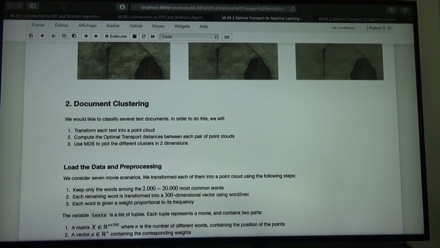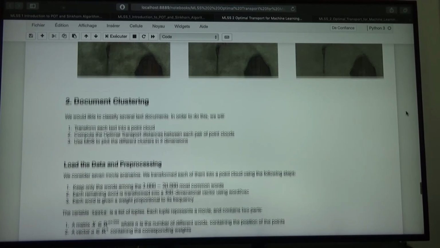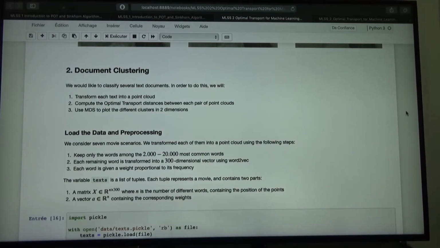We were just interested in the plan, in the displacement. That's one type of application, but most often we're more interested in the actual value of the cost and less in the optimal transport plan itself. And that will be the case in document clustering.